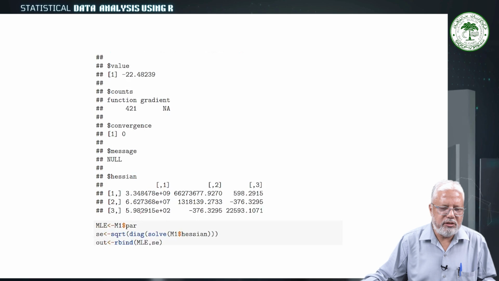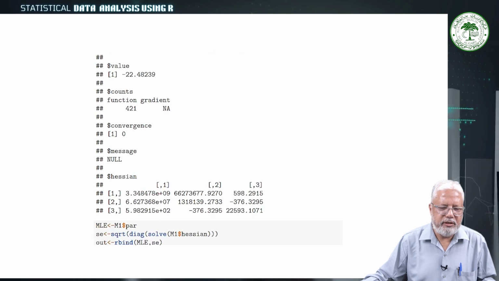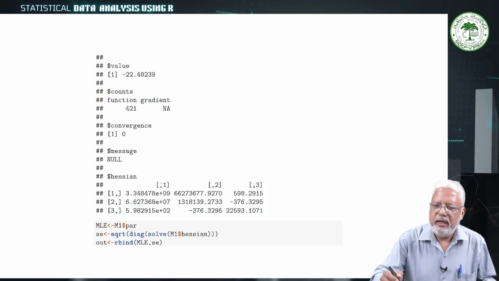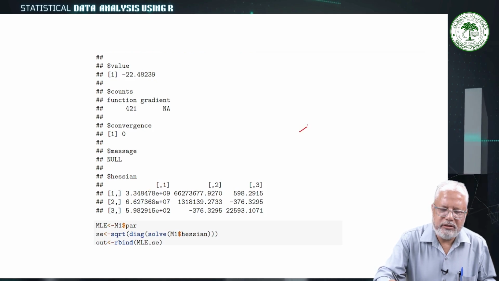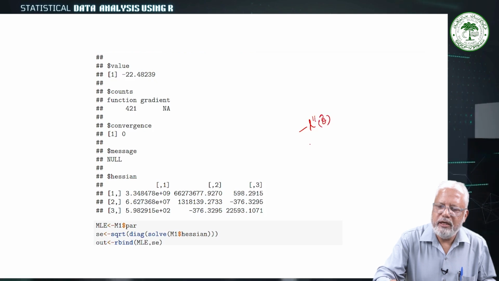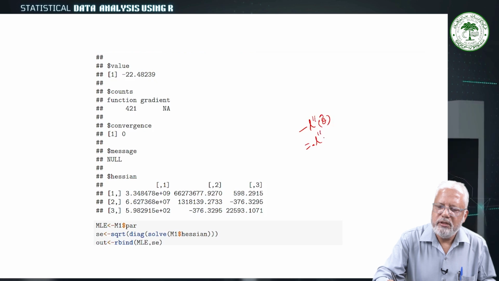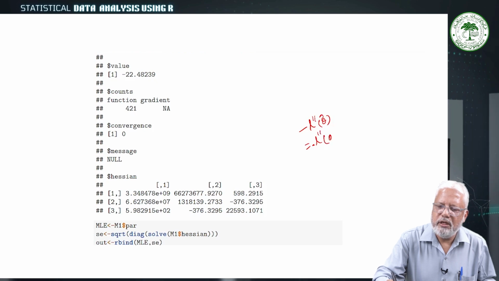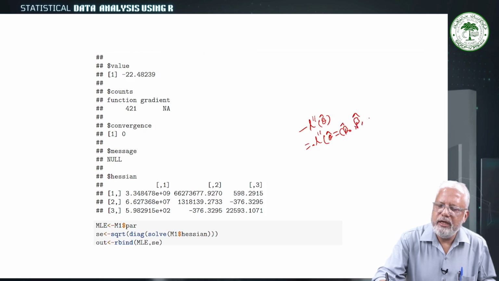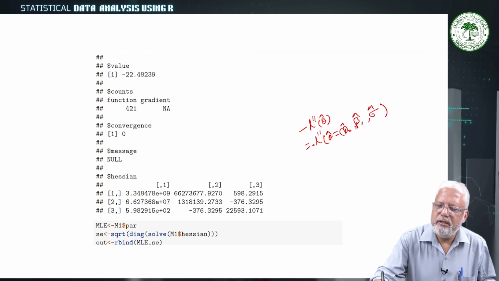Then the Hessian matrix. This Hessian matrix is nothing but minus L double dash theta hat, where instead of theta hat we have beta naught hat, beta 1 hat and sigma hat.